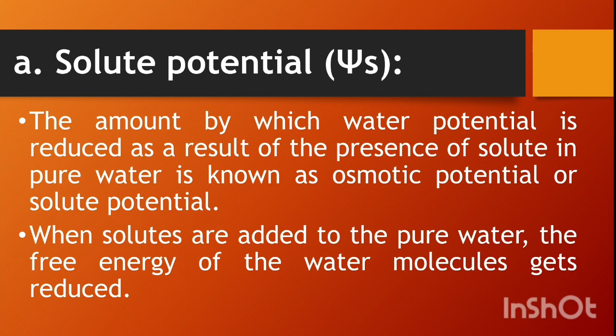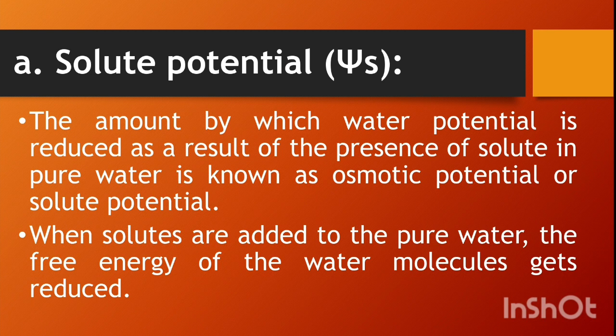When solutes are added to pure water, the free energy of water molecules gets reduced. In pure water, the kinetic energy of water molecules is higher. But when you add any solute to it, the solute particles obstruct the movement of water molecules. So the kinetic energy or free energy of water molecules is ultimately reduced in a solution.